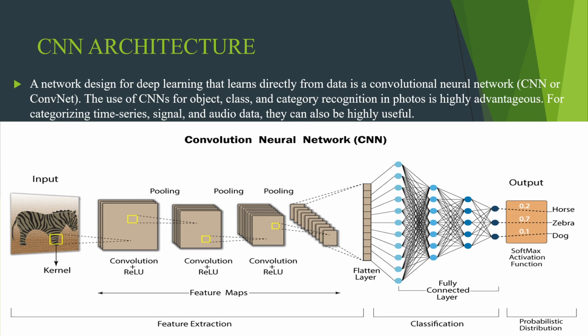CNN architecture is a network designed for deep learning that learns directly from data. The uses of CNN are object detection, or any time series, signal, or audio data, which are highly useful in our daily life.